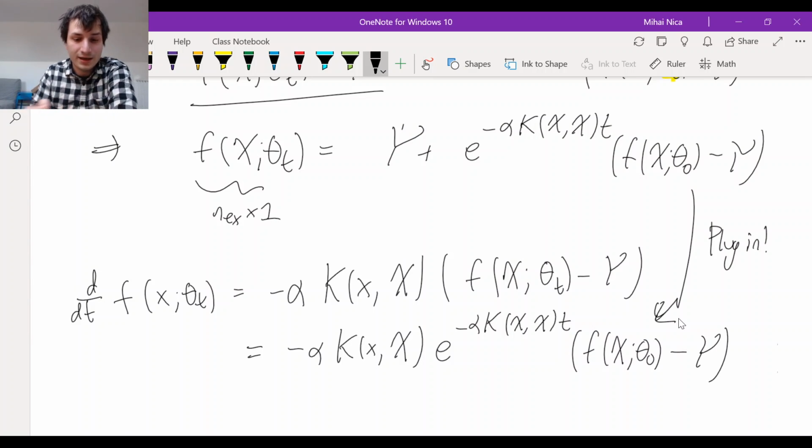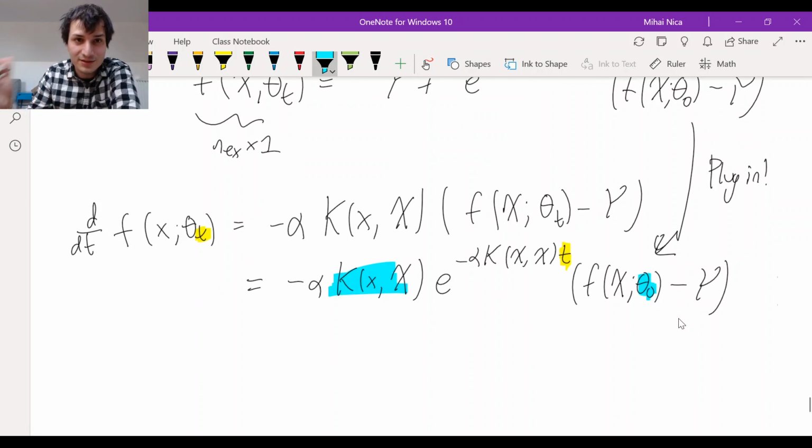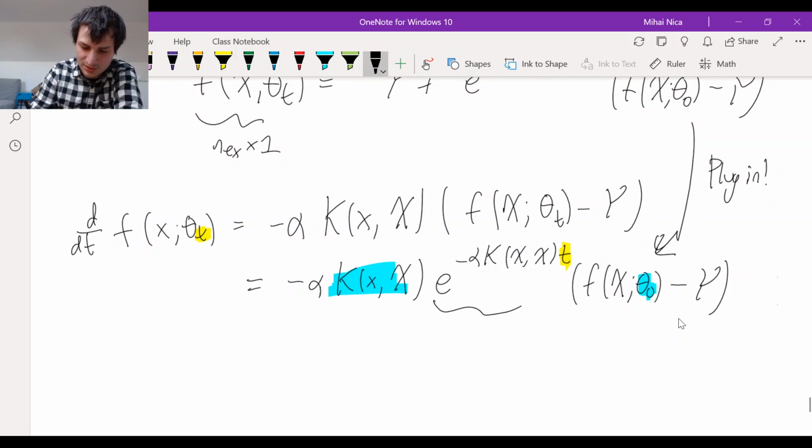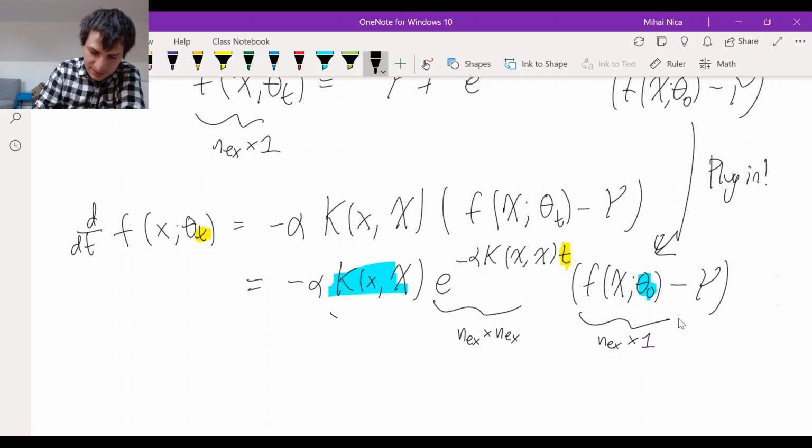Okay, so we're looking at time dependence, and the only place time appears in this is in this exponential. Everything else is at initialization. This is a constant vector. So everything else is a constant. I'll draw the dimensions here. This is an nx by nx matrix. This is an nx by 1 column vector, and this is a 1 by nx row vector.